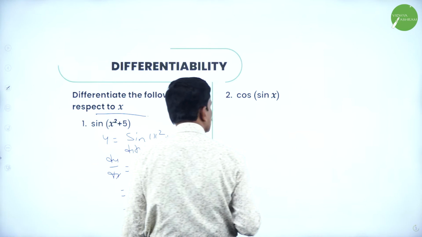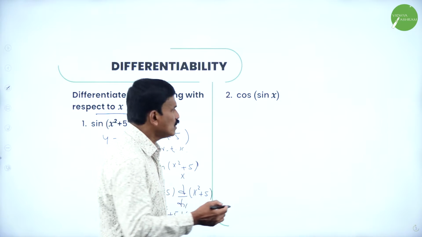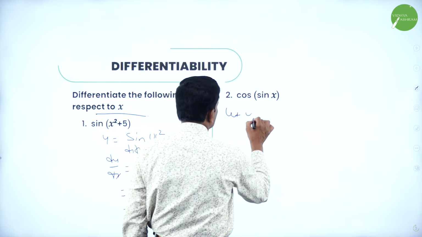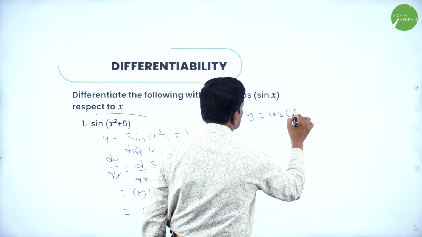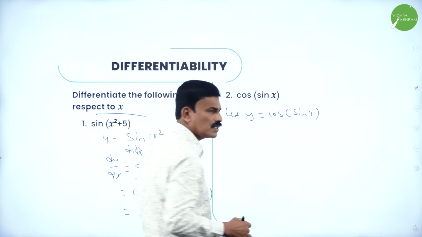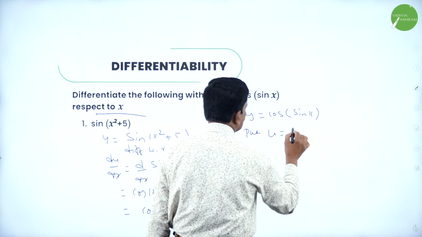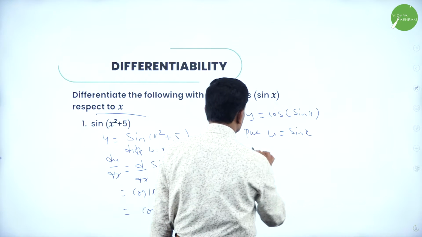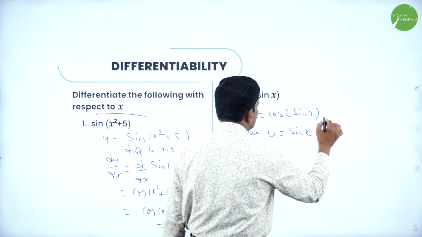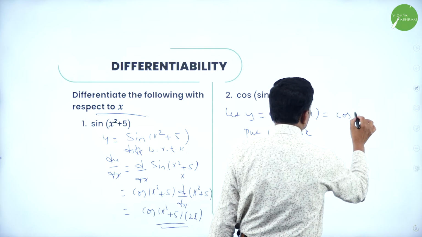Now let us come to this. Let y is equal to cos of sin x. Now if you want, you can put u is equal to sin x. Then what does this equation become? This becomes cos of u.